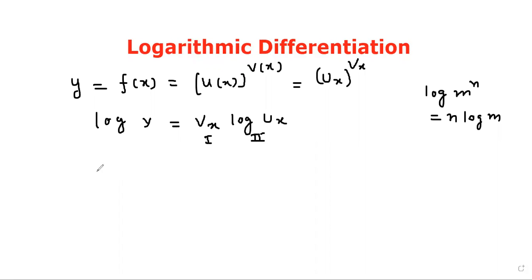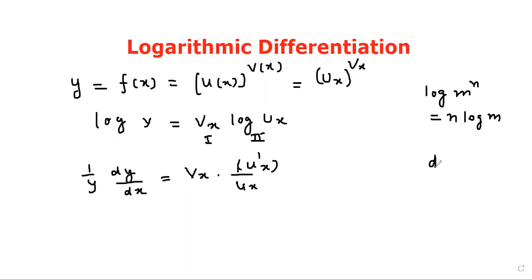Differentiation of log y is 1 upon y dy by dx. And if we apply the product rule here, v(x) into d upon dx of log u(x), that would be 1 upon u(x) times the derivative of u(x). So that is, let's write it as u dash x.